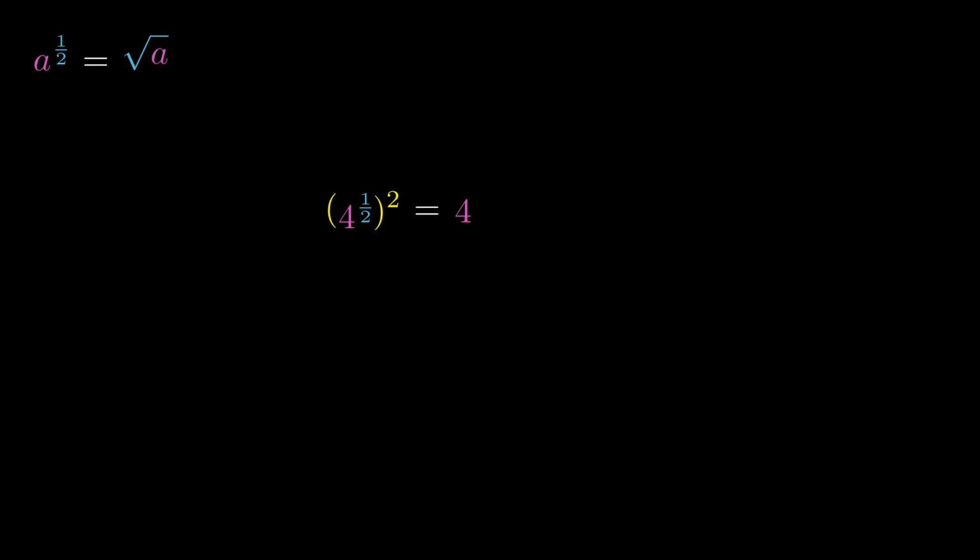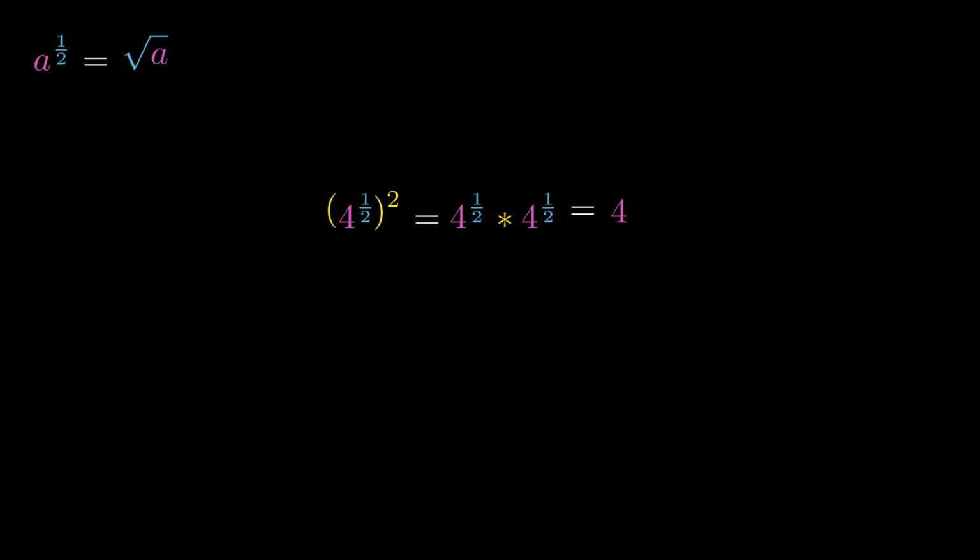If you need to go through that slower, pause the video and review those steps. So we know that 4 to the 1/2 squared needs to equal 4. What does it mean to have 4 to the 1/2 squared? That squared exponent, that 2, means that everything that is being raised to it will be multiplied twice.